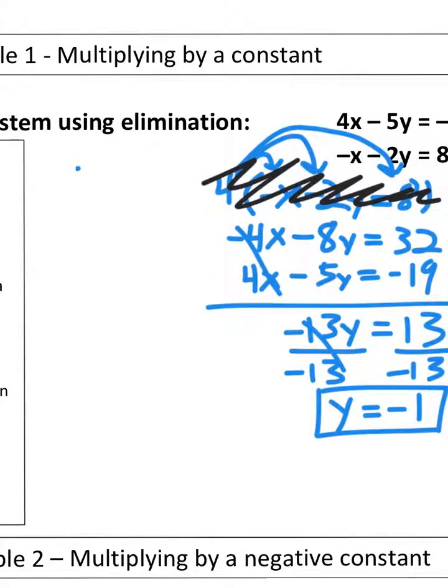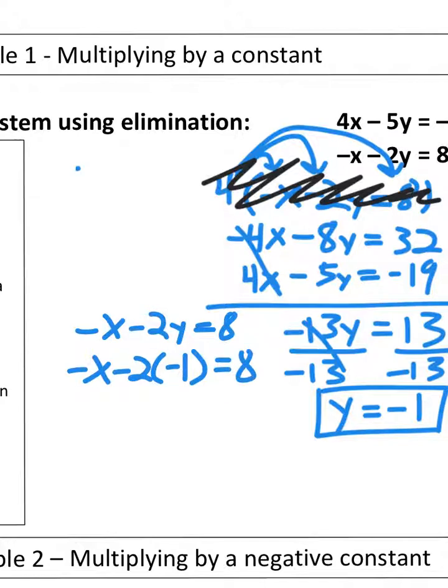I'm going to rewrite one of my equations. I'm going to take negative x minus 2y equals 8, and I'm going to substitute y for negative 1. So negative x minus 2 times negative 1 equals 8. Negative 2 times negative 1 is positive 2. So I have negative x plus 2 equals 8.